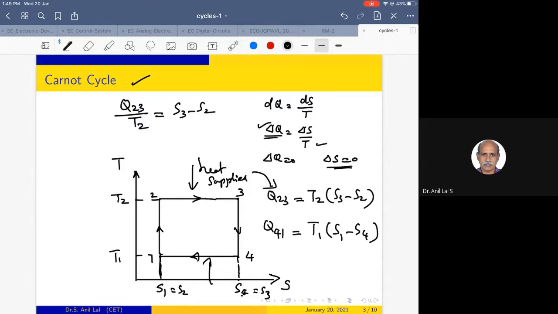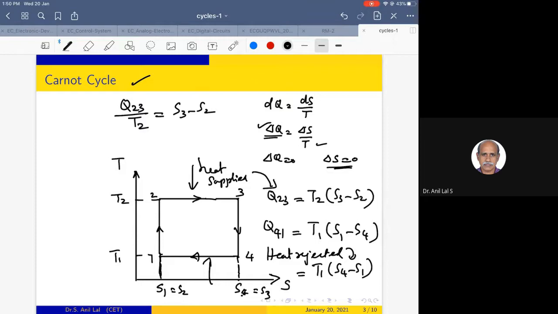Actually this will be negative, so the negative of that you can write as heat rejected. To write it as a positive value, you write it as T1 into (S4 minus S1). That you call the heat rejected.